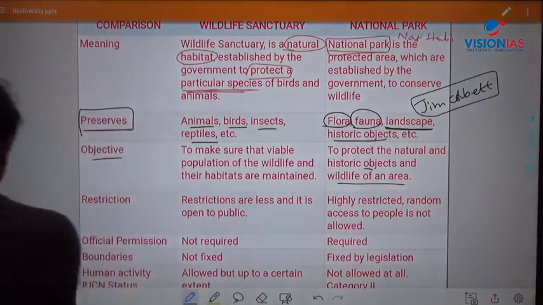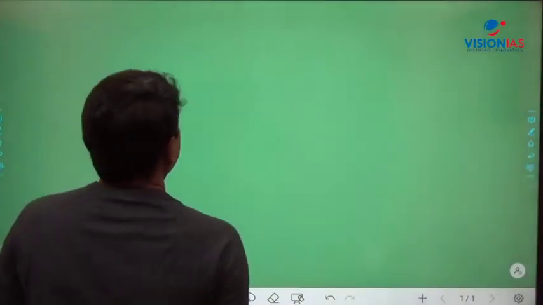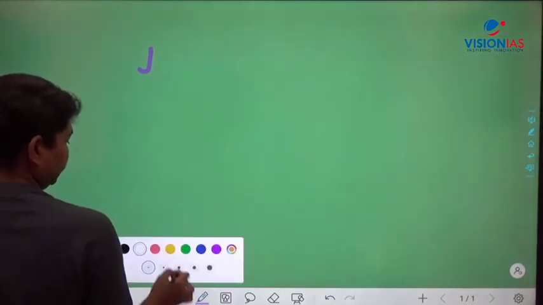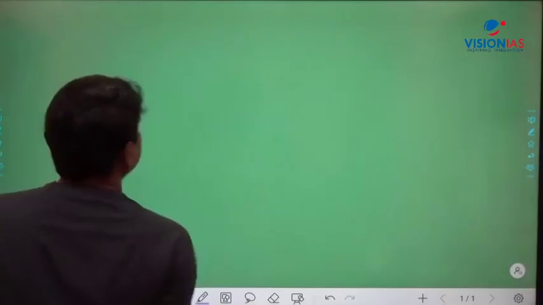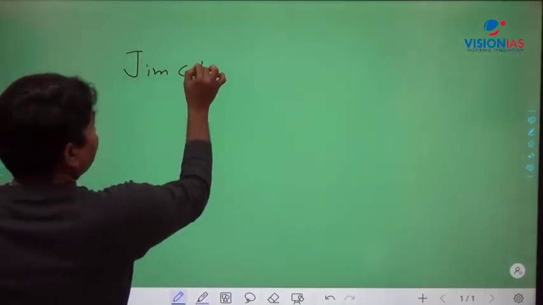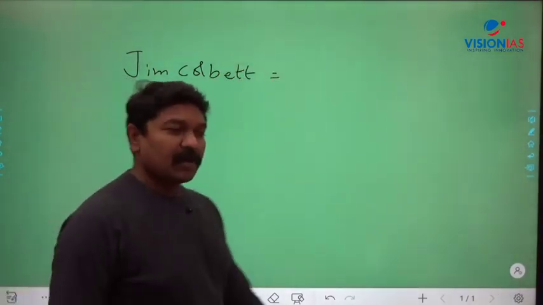It's called the Jim Corbett National Park. What is this one?